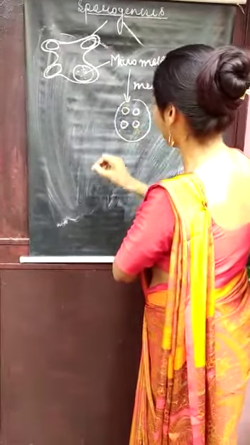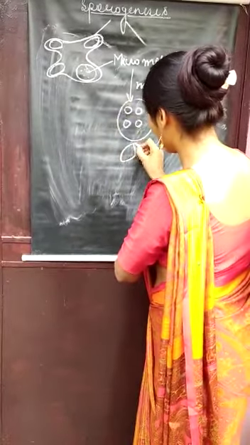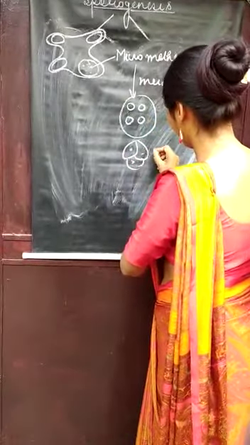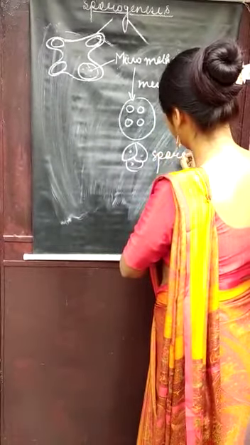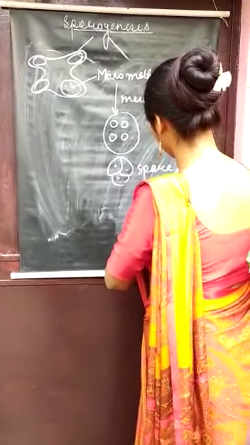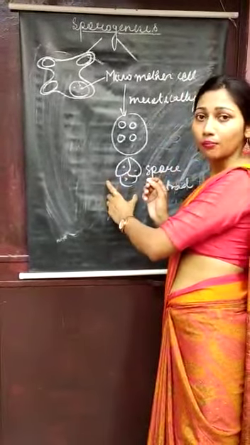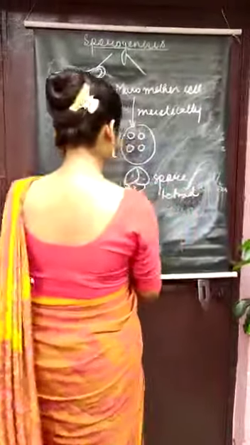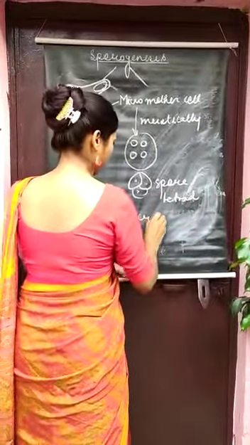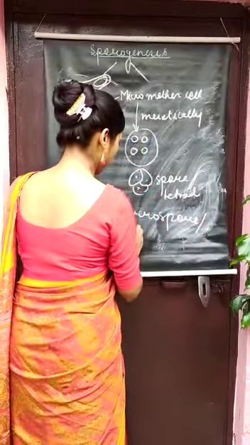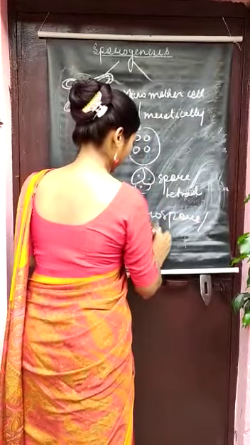These 4 cells behave as a spore tetrad. These are called microspores, or we can say pollen grains.